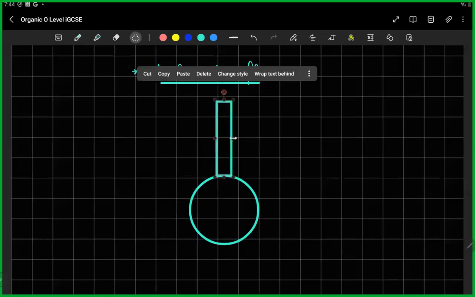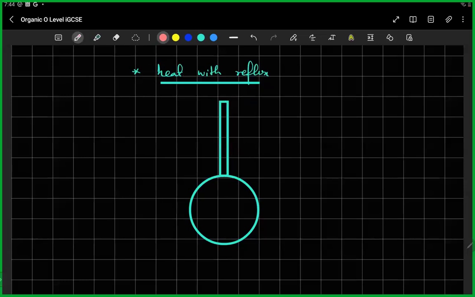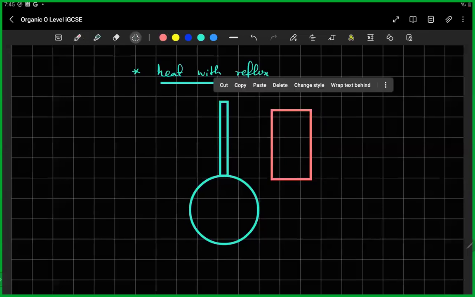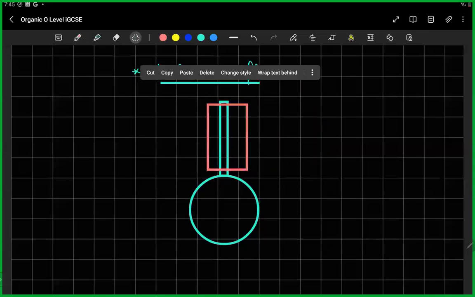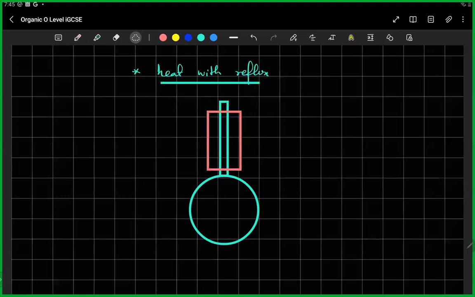अच्छा, then there is a condenser. अच्छा, condenser आ गया.